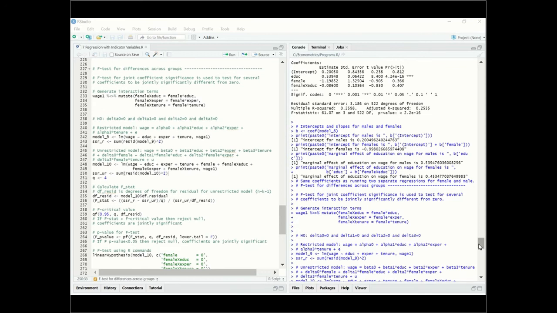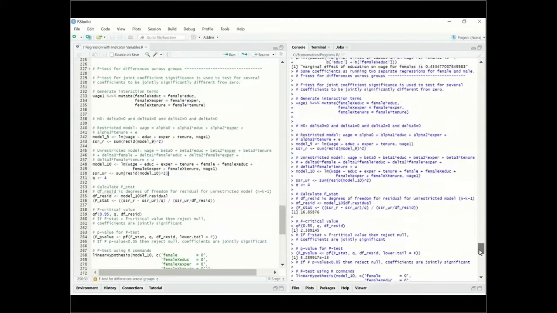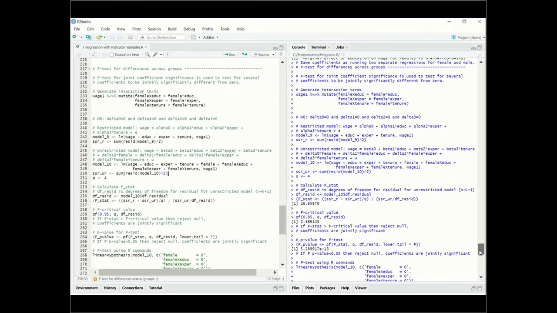Okay, so now let's go ahead and actually test these differences more formally using an F-test and a Chow test. In order for us to do an F-test for differences across groups, that is basically a joint coefficient significance test, and it's used to test whether several coefficients are jointly significantly different from 0.